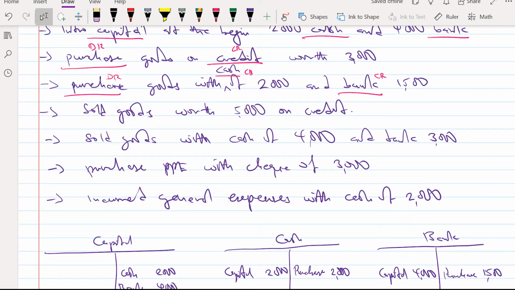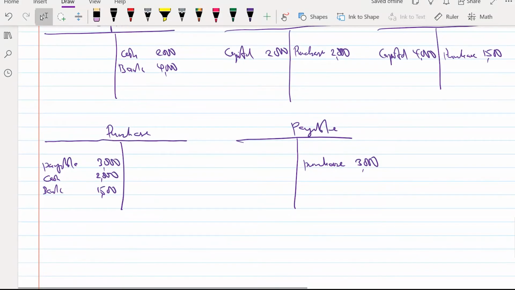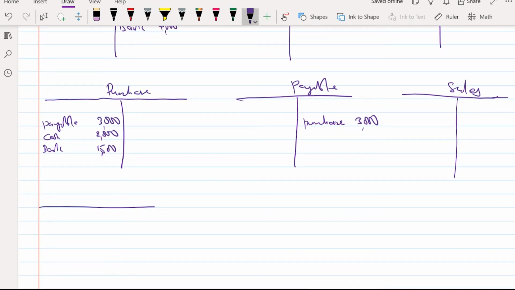The next one we have is sold goods worth 5,000 on credit. Again, we have sales and we have credit. Sales is a credit item. This credit here is debtors or receivable, therefore a debit item, an asset in this case. So we have two accounts to open again: the sales account and the receivable account.